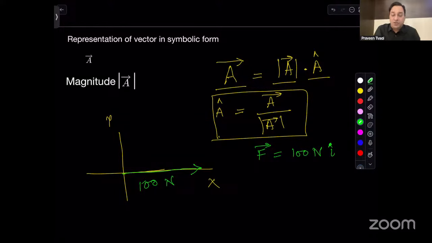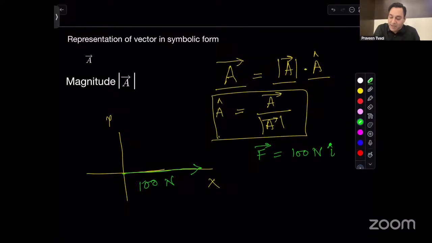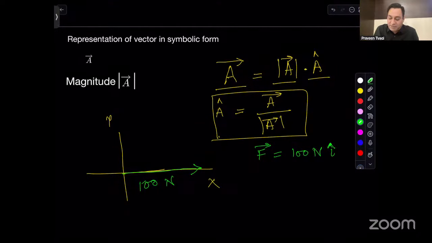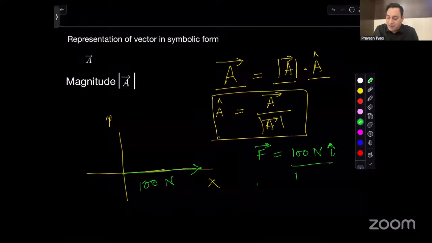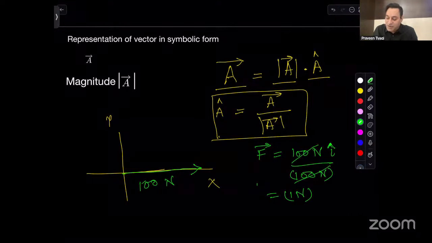So force can be written as 100 Newton i cap. i cap is a unit vector along the x-axis. Now, if I divide the force by its magnitude, 100 Newton divided by 100 Newton, there will be no unit.